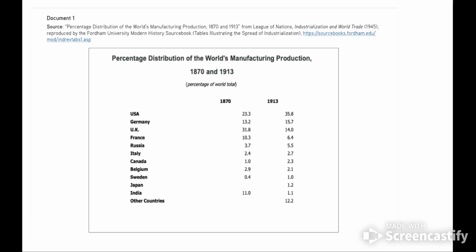For our first document, you have a percentage distribution of the world's manufacturing production, 1870 and 1913. Please pause this video and take some notes about how you would use this to support your thinking about industrialization bringing change to India and Britain.